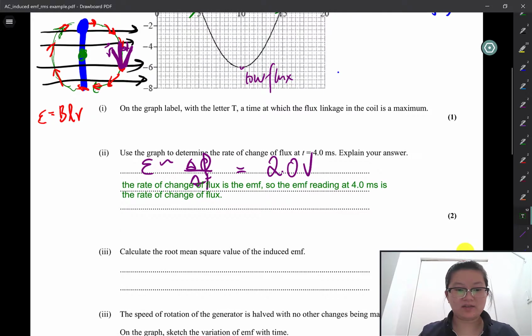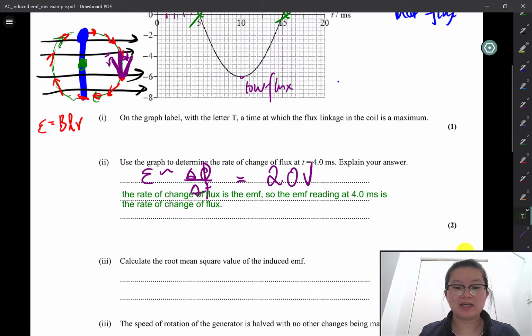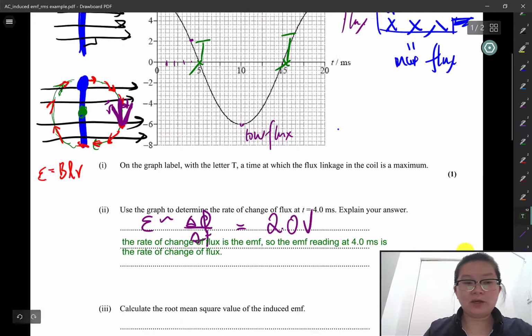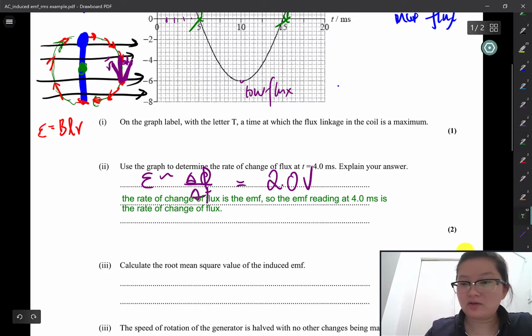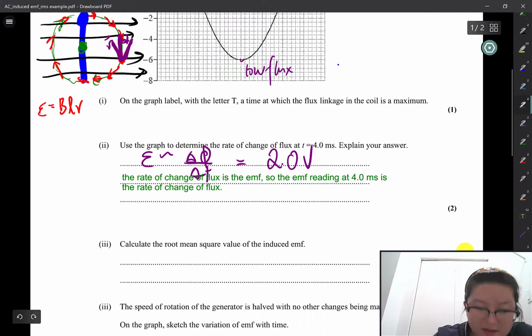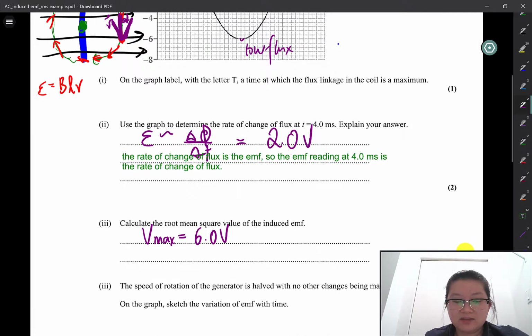So next one, calculate the root mean square value of the induced EMF. We know its peak is at 6 volts. So writing that down gives me 6 volts, and we need to calculate the root mean square.